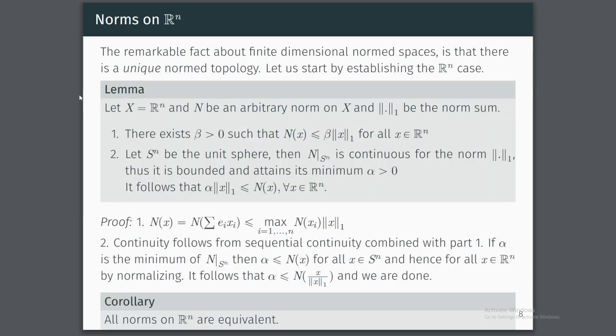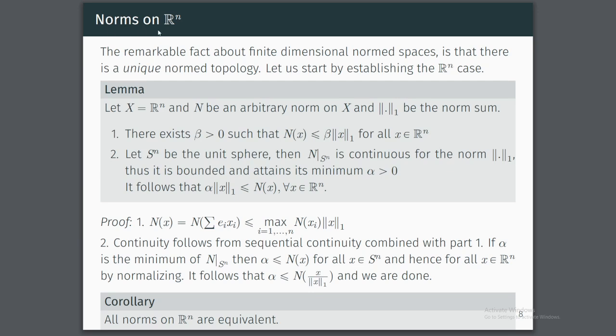Okay, so let's talk about norms. I think I've mentioned something a little bit offhand earlier, which is that norms on Rn generate a single topology. That's what we're going to try to achieve. Surprisingly, the next section after this is going to be exactly why this only works for Rn.